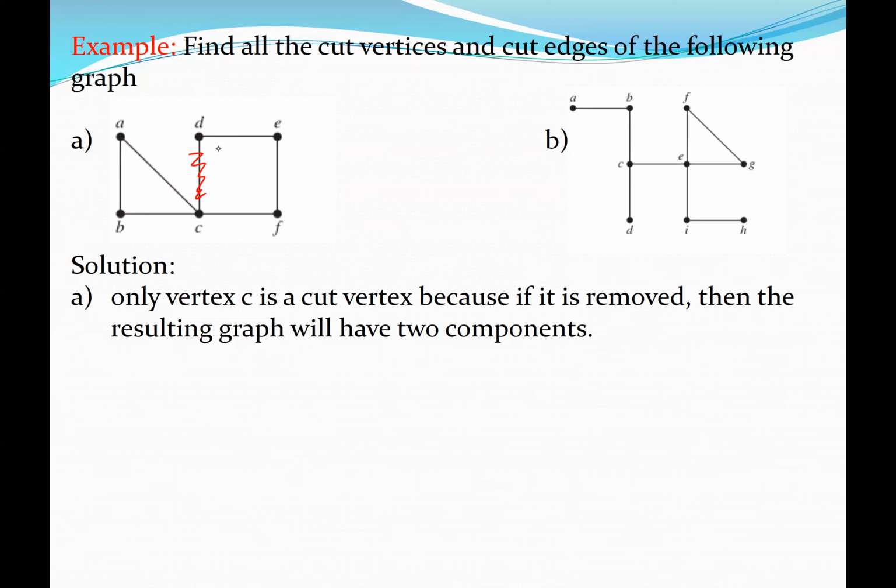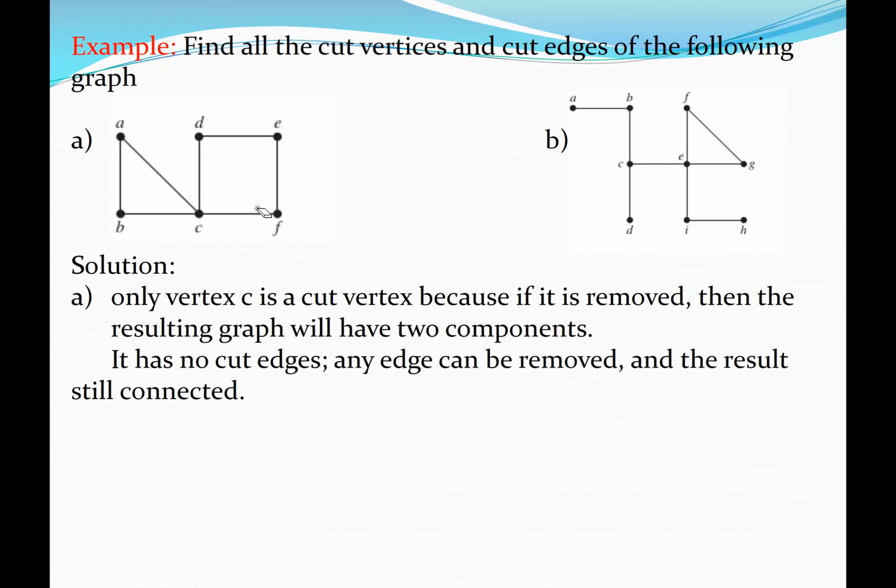DC, we still have one component. DF, one component. EF, one component. And then CG, we still have one component. So the graph is not really separated by any edge removal. So we have no cut edges for graph A. Make sense? So no cut edges.